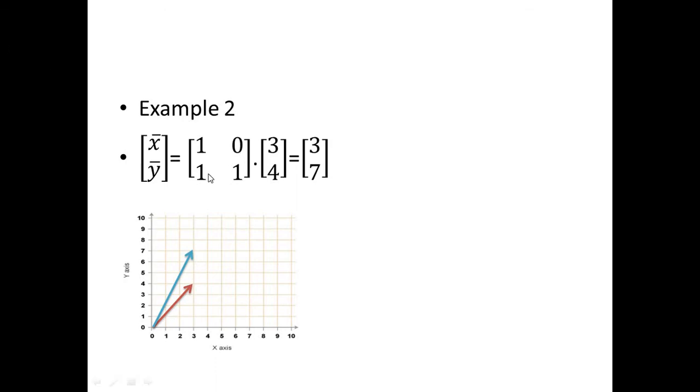You can see here this is the shear element, and this shear element times 3 plus 4 is the y coordinate, which is 7, and the x coordinate will not be changed, and it is 3, 7. This is the eigenvector of this shear matrix.